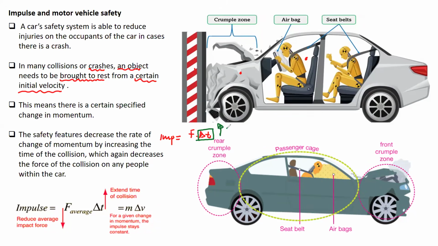If the time of contact is increased, then the force of impact is decreased. So when you increase the time taken by a force to act on you, you have decreased the magnitude of that force. I'm saying it again. Listen to me. If you increase time of contact, you decrease force of impact.